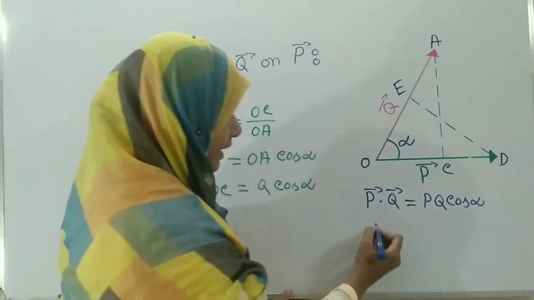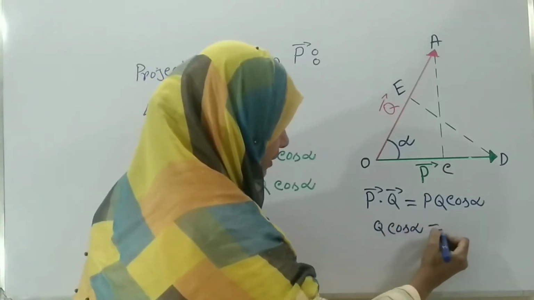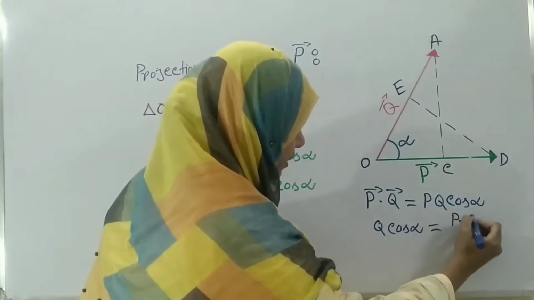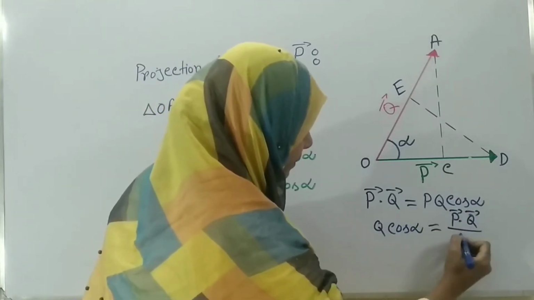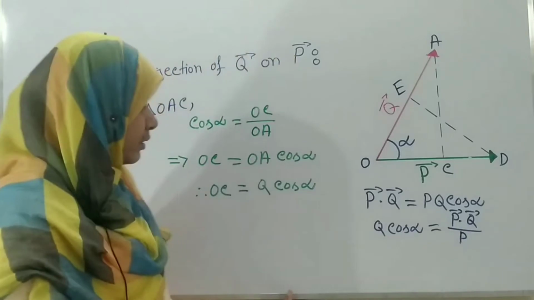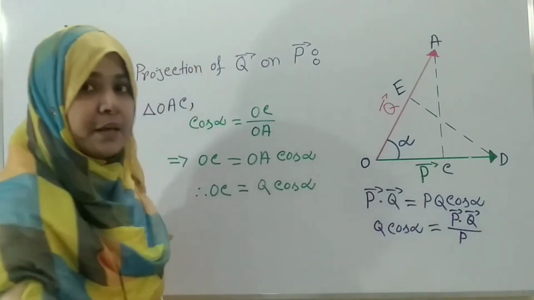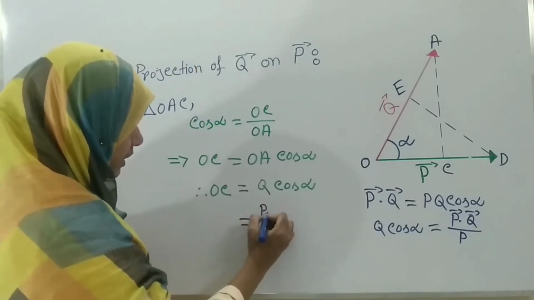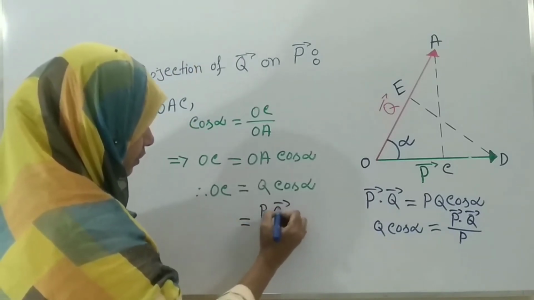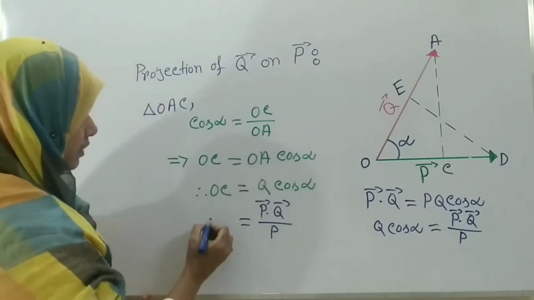So we can write that q cos alpha equal to p dot q by p. So instead of q cos alpha we can write that p dot q by p.